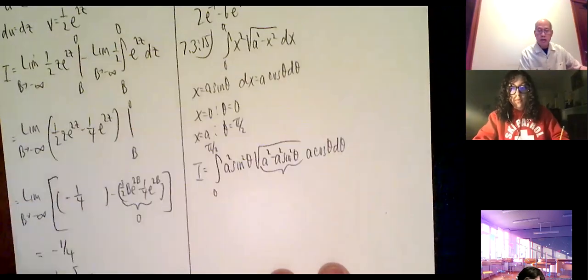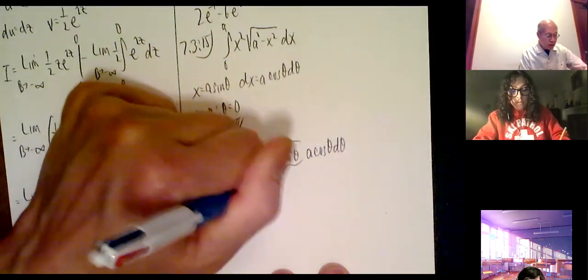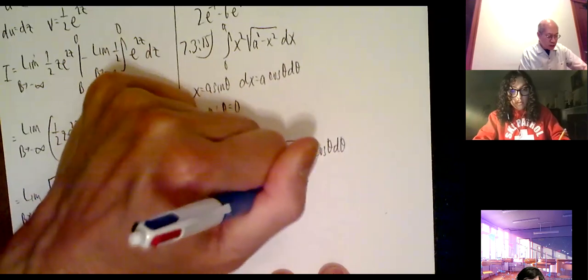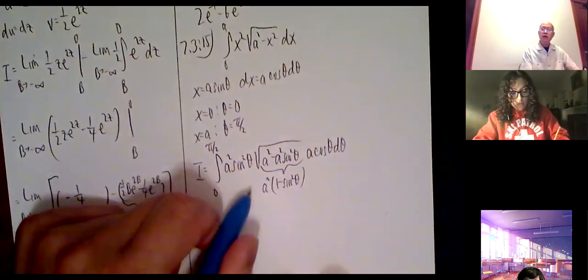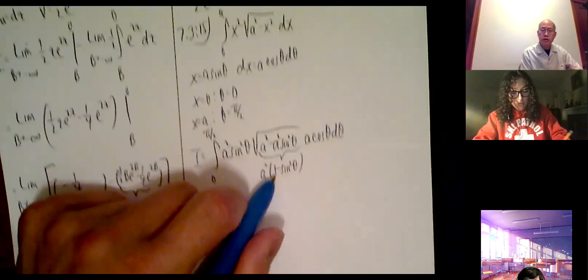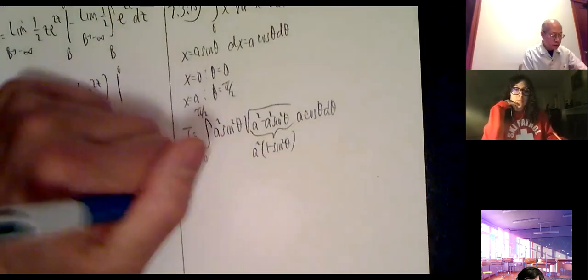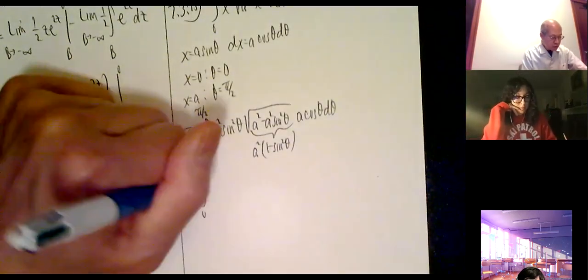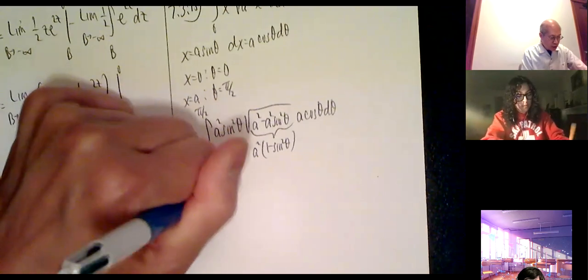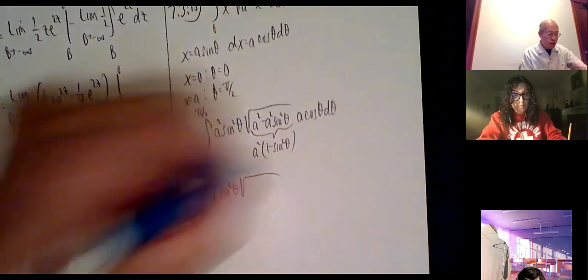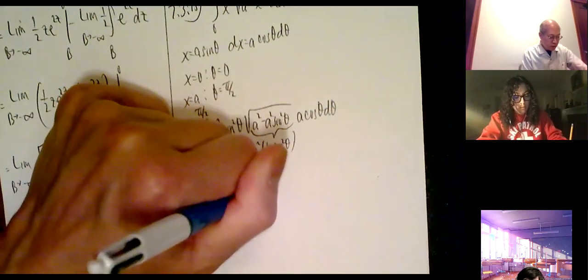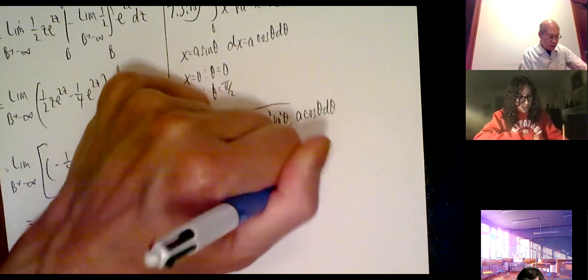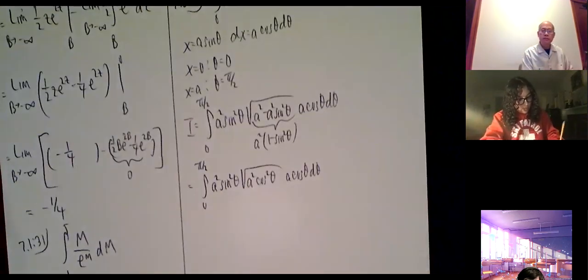All right, as usual, this comes out nice. Factor out an a squared, 1 minus sine squared theta. And what is 1 minus sine squared theta? Cosine squared theta, right? So integral from 0 to pi over 2, a squared sine squared theta, square root of a squared cosine squared theta, times a cosine theta d theta.